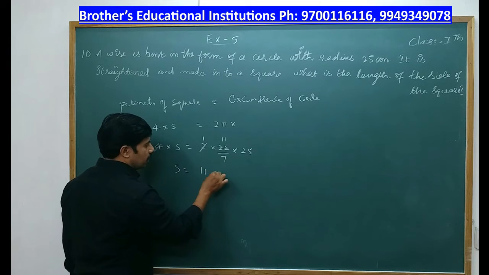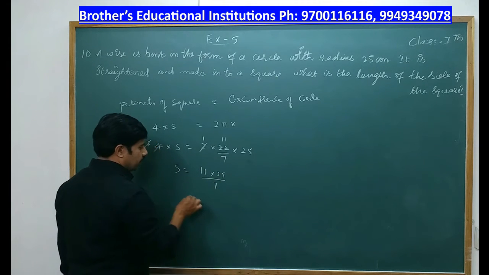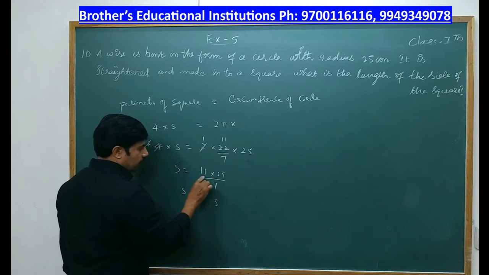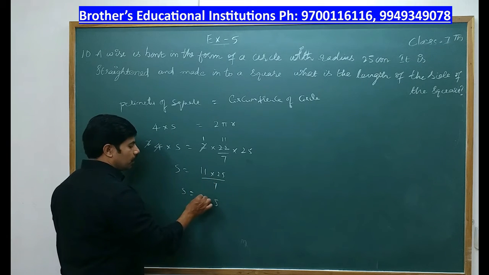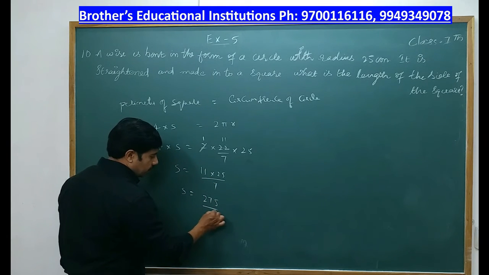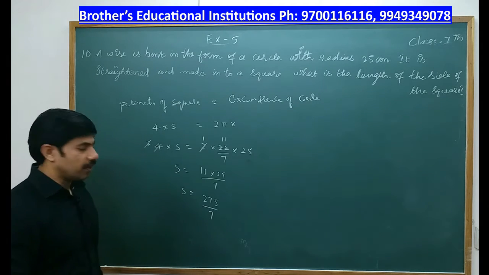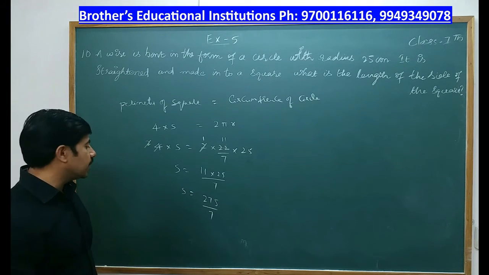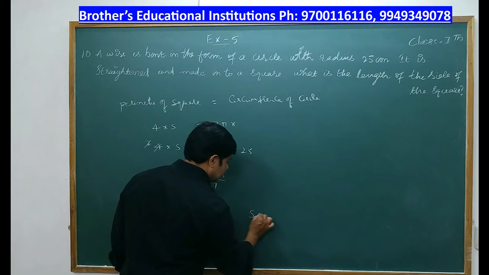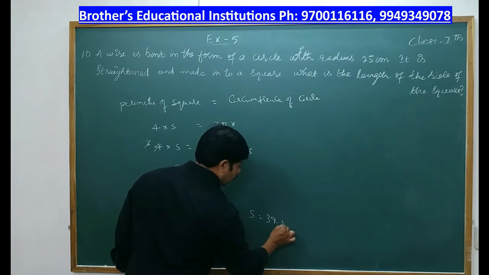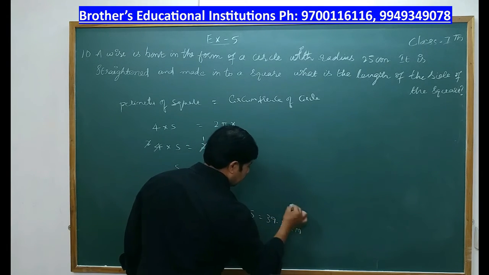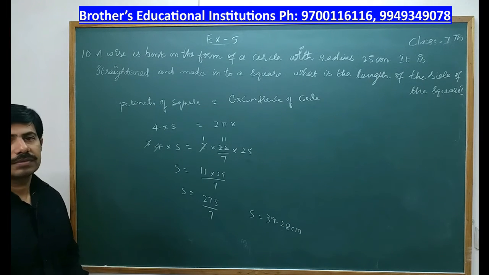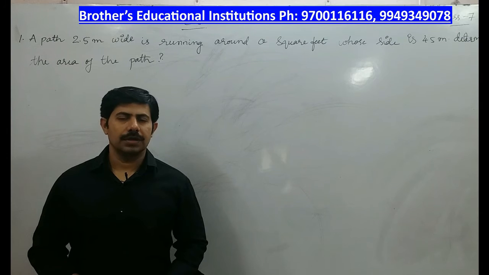It is 11 into 25 by 7. 11 fives are 55, 11 twos are 22, 22 plus 5 is 27, so 275 divided by 7 comes to 39.28 centimeters. So s is equal to 39.28 centimeters. Okay, so this is the length of the side of the square. So next problem.